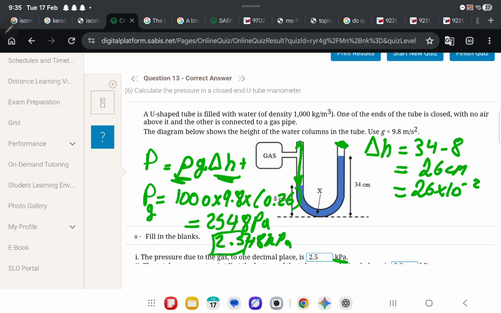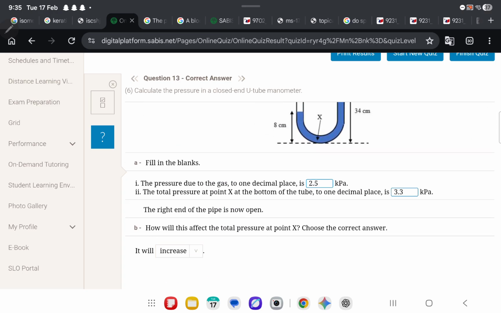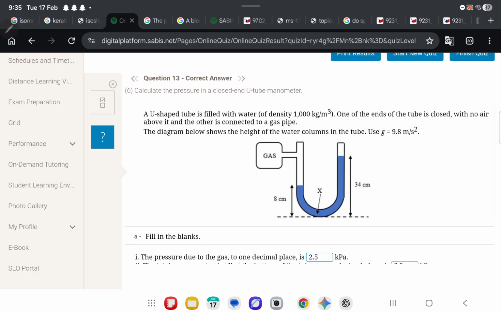Now, the total pressure at point X at the bottom of the tube. So here. Now, delta h should be 34, right? Here, all the way to here is 34, right? So P at X is rho, 1000, because it's always of the water, g 9.8, h 34. Now, there is no P0, right? Because it's not open-ended.